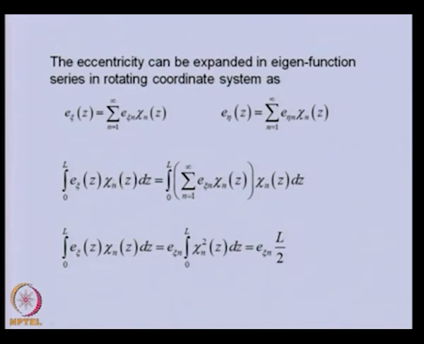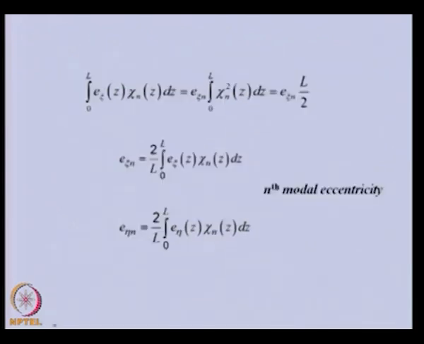So, let us say we are multiplying by phi m, then you can see that this is the same expression. Here we can use the orthogonality condition of the eigenfunction: when m is equal to n, it will be non-zero. If they are not equal, then it will be 0. We will see this orthogonality condition on the subsequent slide.